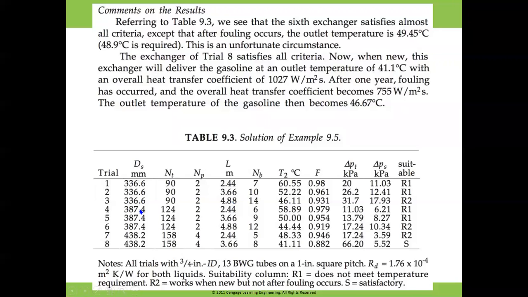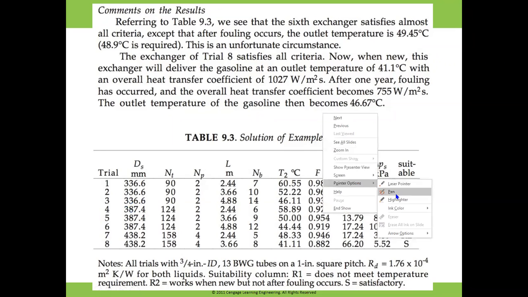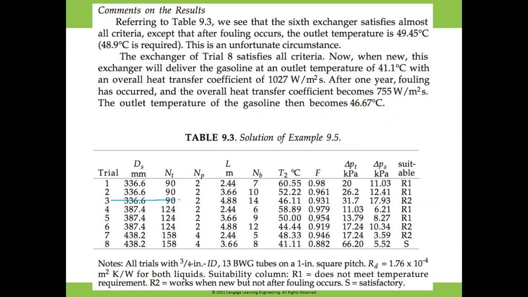Then finally they changed the shell diameter, and then still not meeting, they further changed the shell diameter. So first they go for length, you increase the length to what is feasible or reasonable, 2 meter, 3 meter or 4 meter, and then the next step you go for a higher shell diameter.